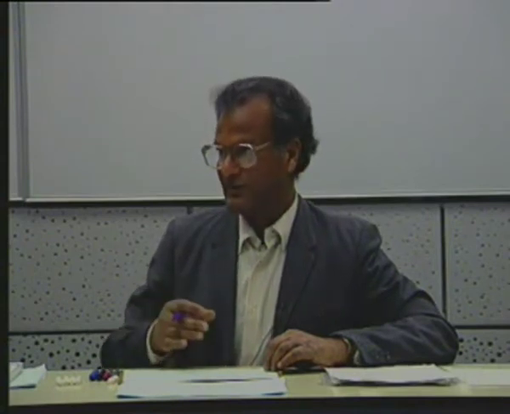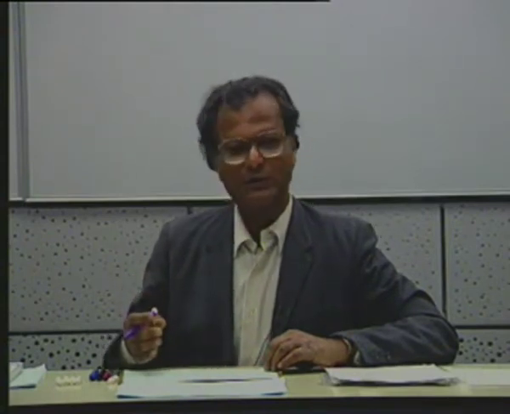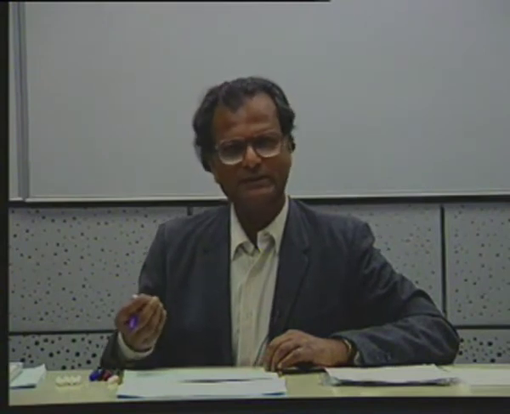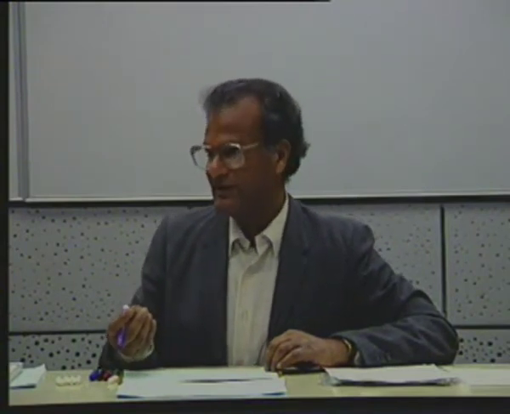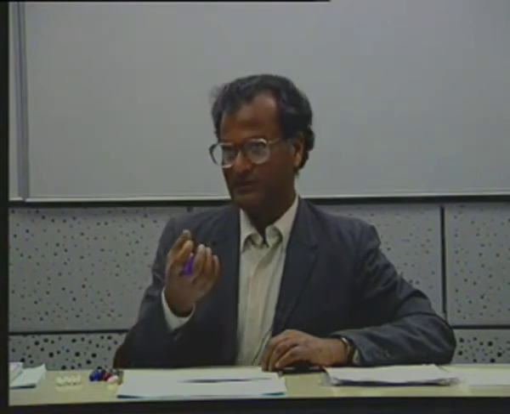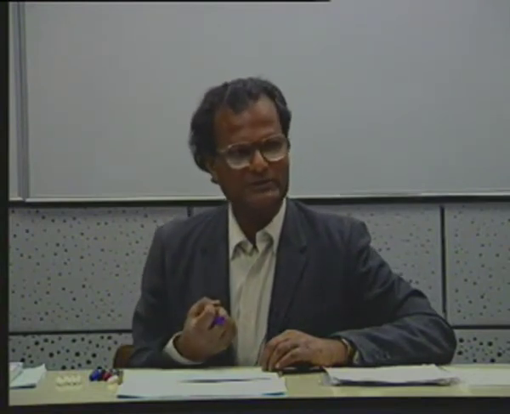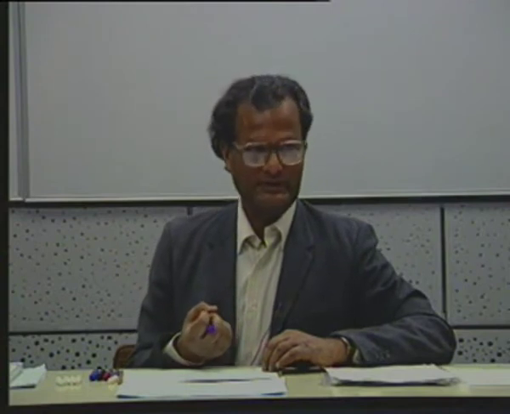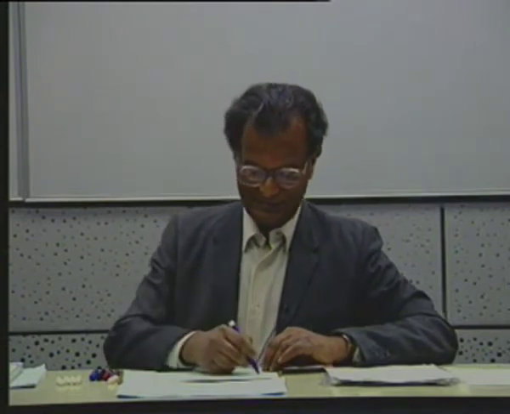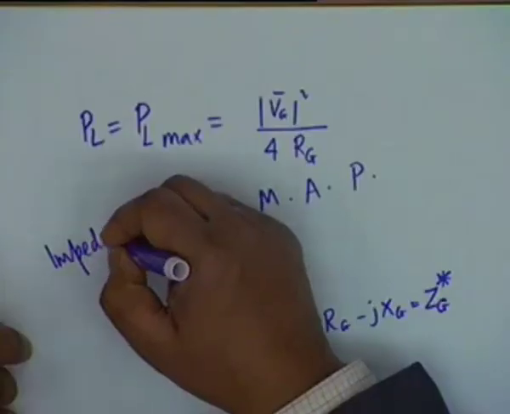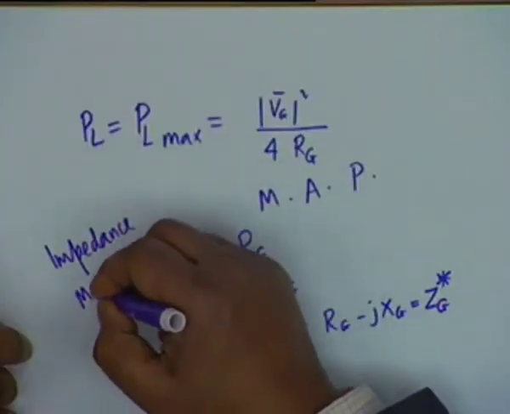This is called impedance matching, that is, by designing the receiver in such a manner that it matches the antenna through which the signal is received. Well, the antenna can be considered as a signal source because it absorbs the radiation from the atmosphere, and then passes it on to your receiver, and this process is known as impedance matching.